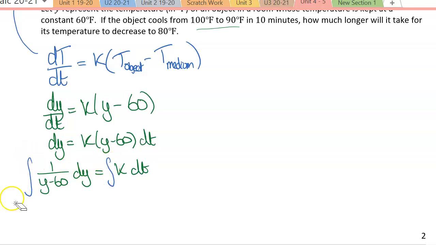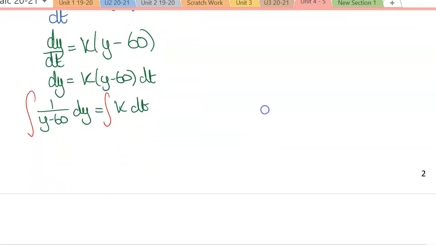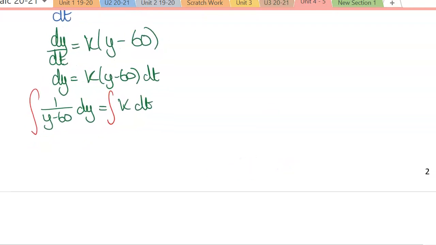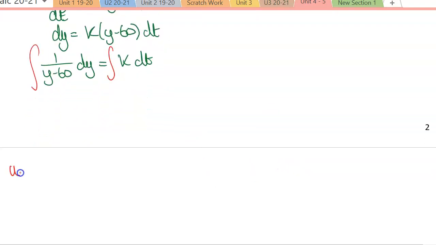Left side I'm going to integrate in terms of y, right side in terms of t. In order to do this, I need a substitution. Let u equal y minus 60. Then du is going to be dy.